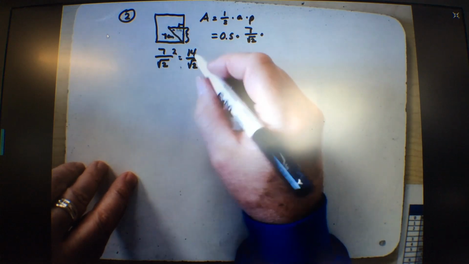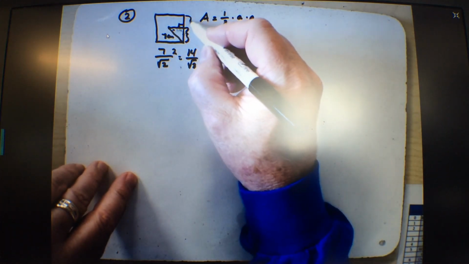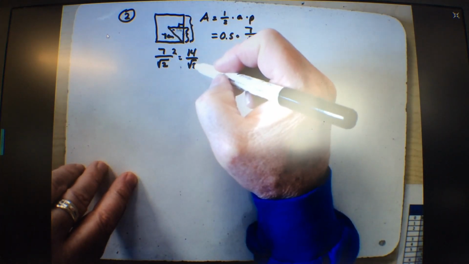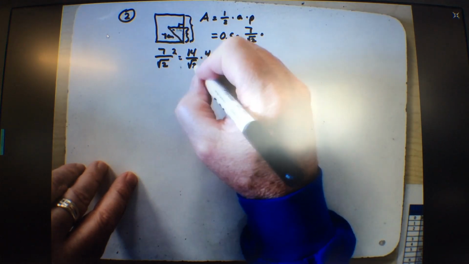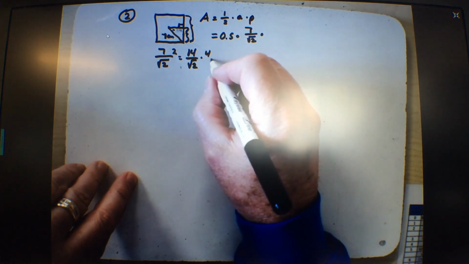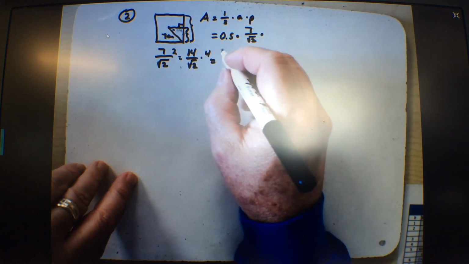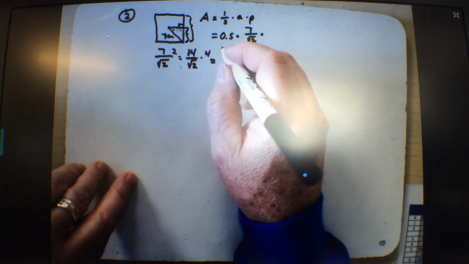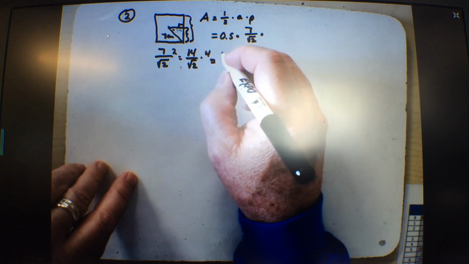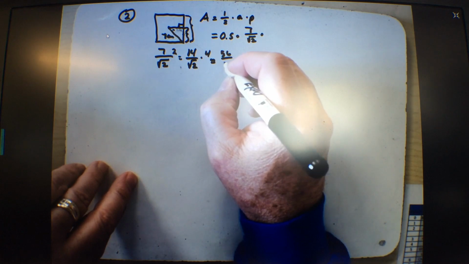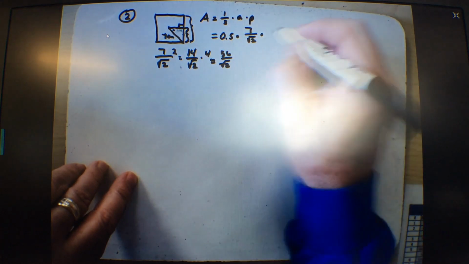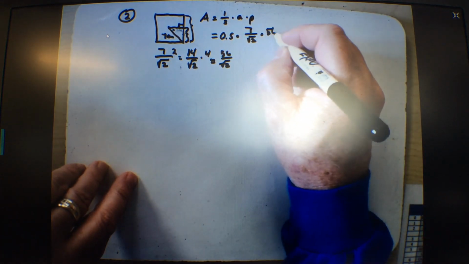So does everybody understand that this whole side now is 14 over the square root of 2? And how many of those do you have? 4. Once again, you can't cancel that, right? So 14 times 4 is 56. 56 over the square root of 2.